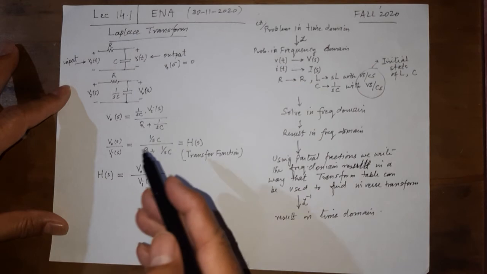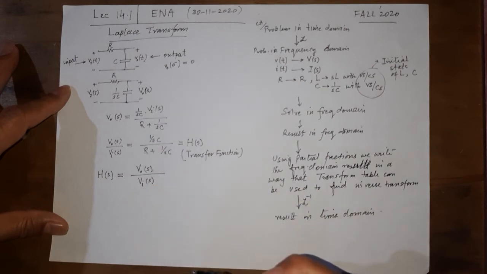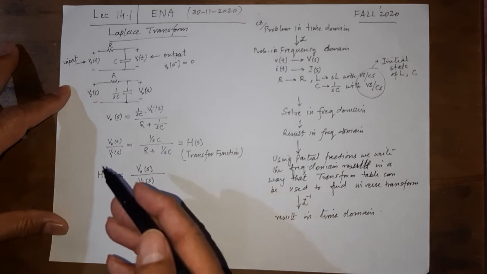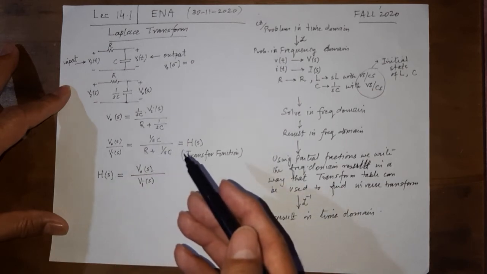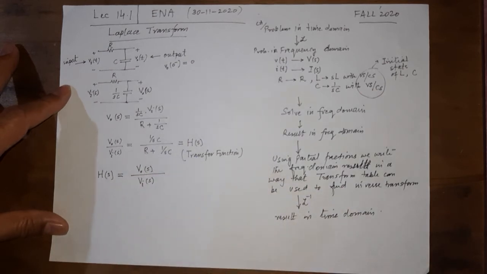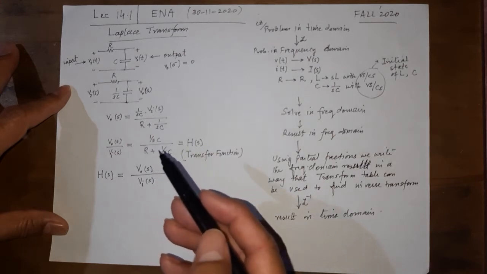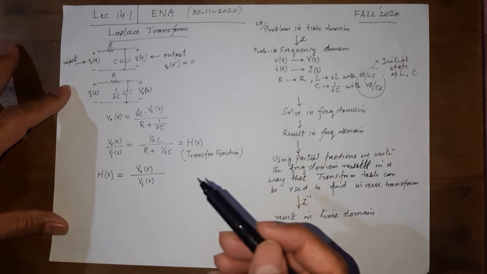So a particular circuit can have up to 4 types of transfer functions depending upon whether the input is a current or voltage and whether we are interested in a current or voltage as output. So the same circuit is going to have a different transfer function if we are looking at a different thing.